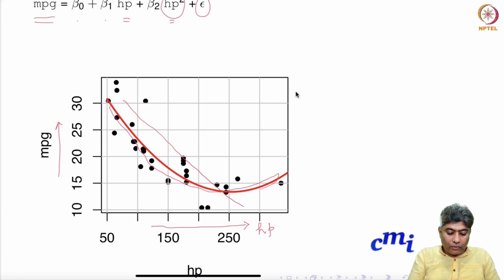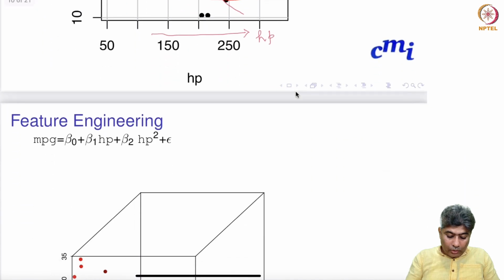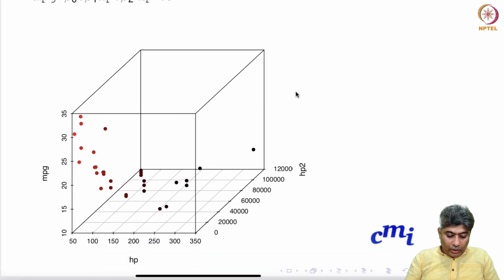Now, this horsepower square is a very interesting term. Let us try to understand what we are doing by adding horsepower square. Essentially, this was our original two-dimension plot, horsepower on the x-axis and miles per gallon on the y-axis. Then we are putting horsepower square on the z-axis.